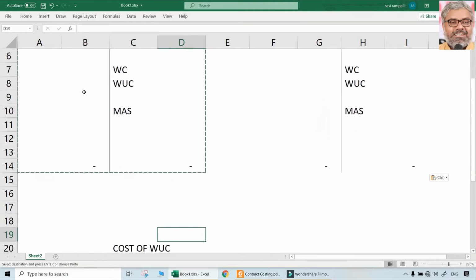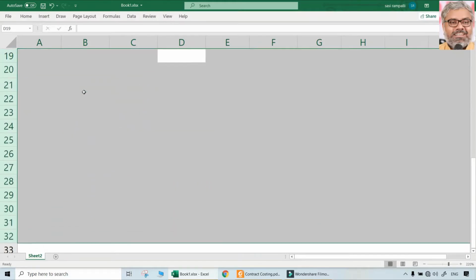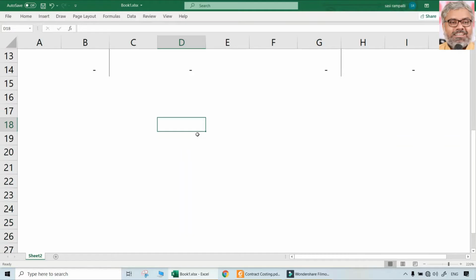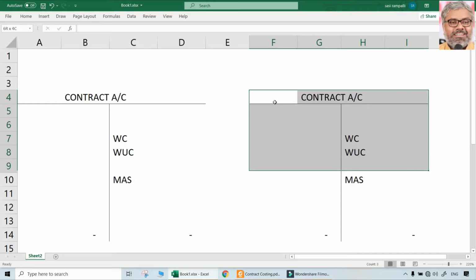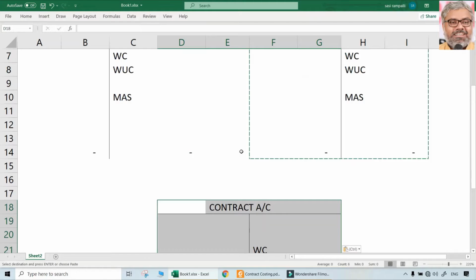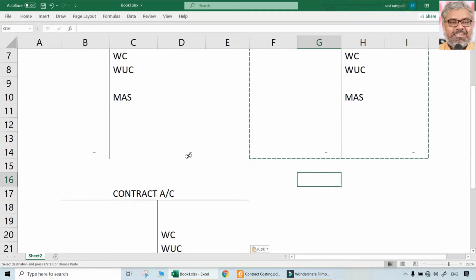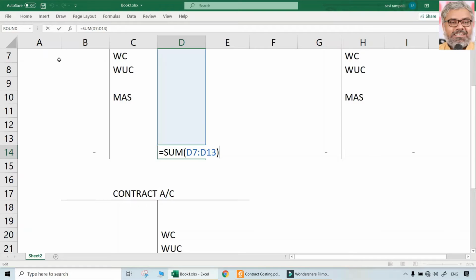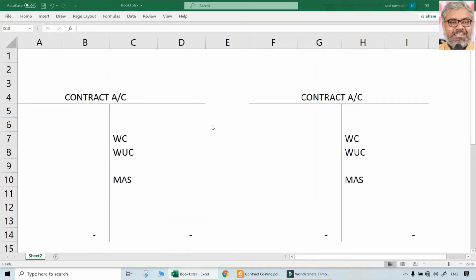So let us start with year by year, 20x6 whatever it is.